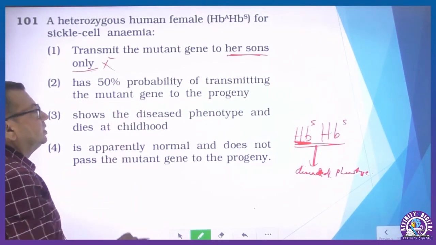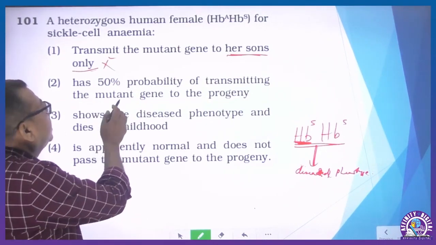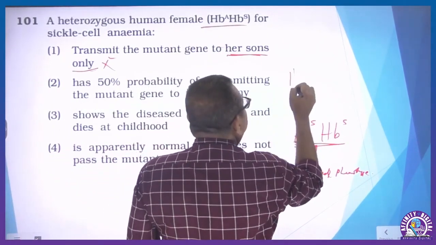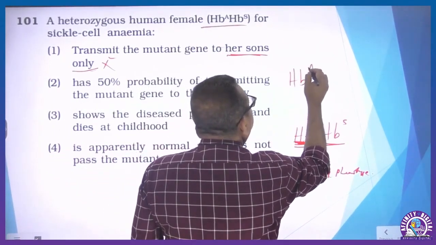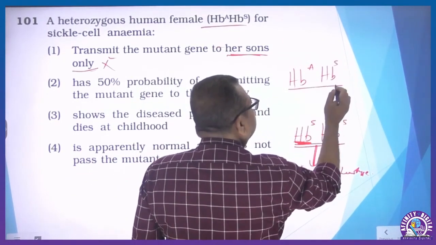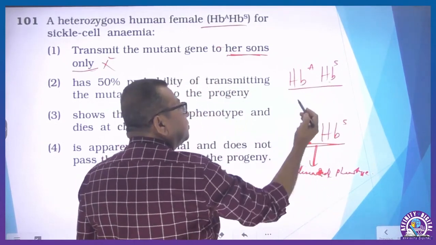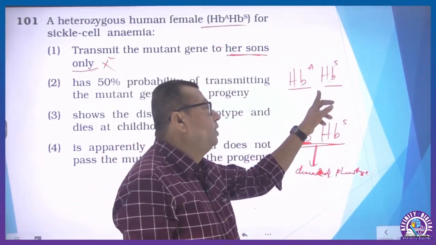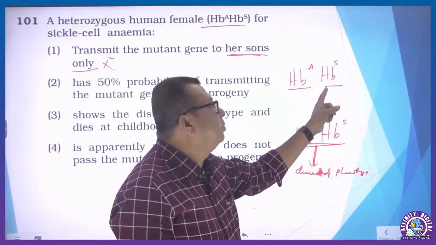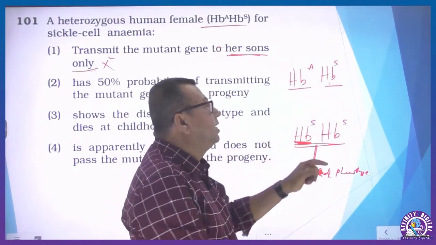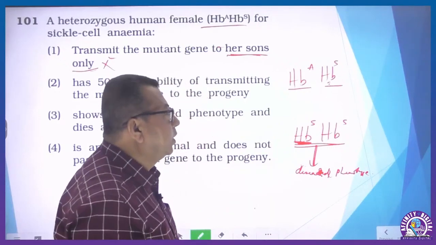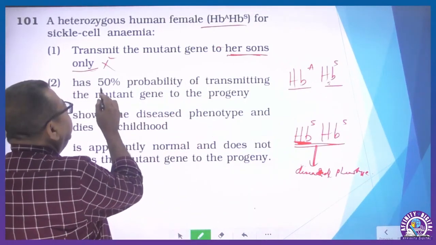Has 50% chance of transmitting the mutant gene to her progeny. This human female, or it may be a human male also, which is heterozygous for the sickle cell gene, is called a carrier of the sickle cell gene, and carriers can transmit this mutant gene both to sons as well as daughters.